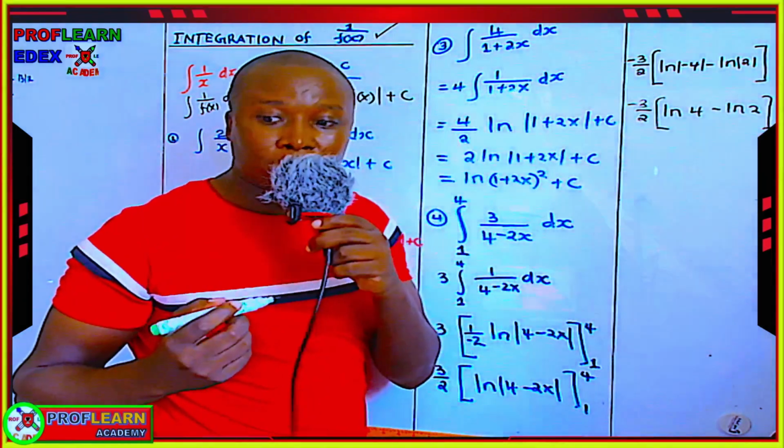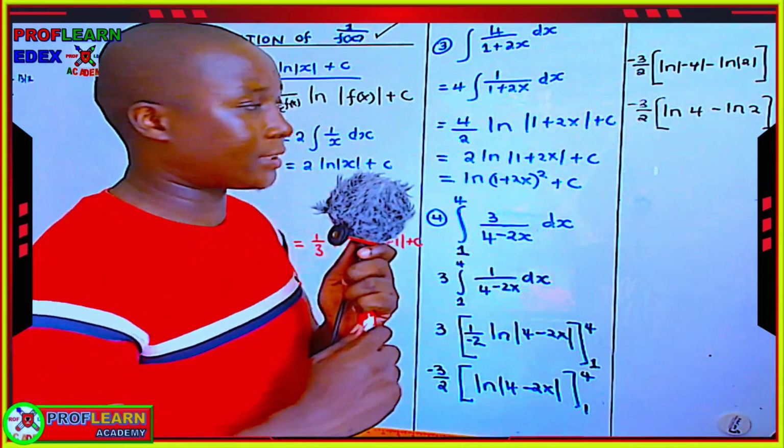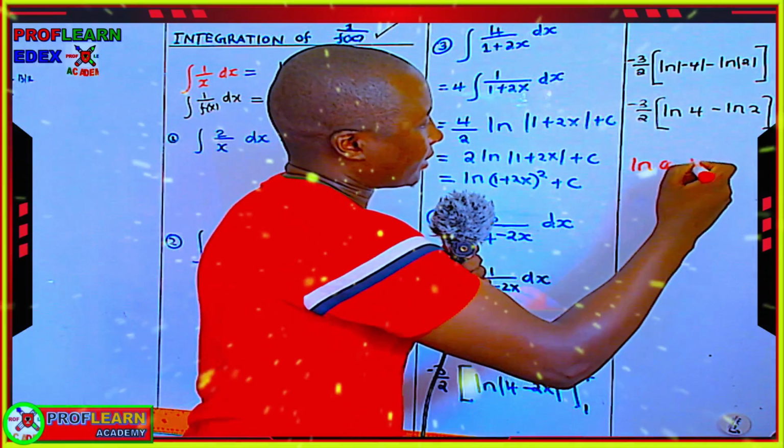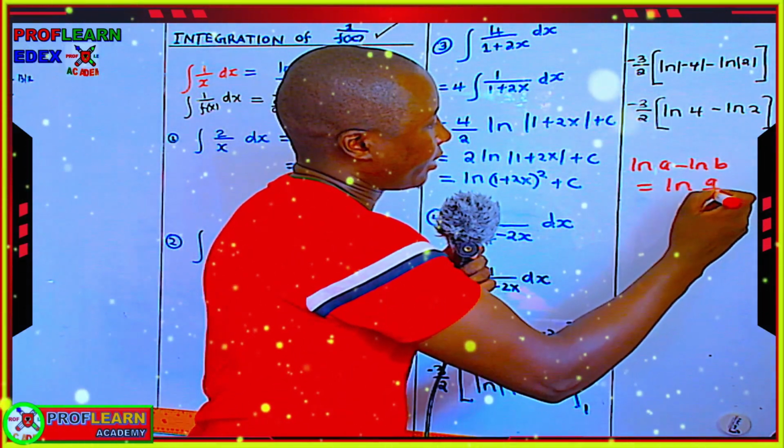Now, from the laws of logarithms, I need you to remember that if you have ln of a minus ln of b, this translates to ln of a over b.